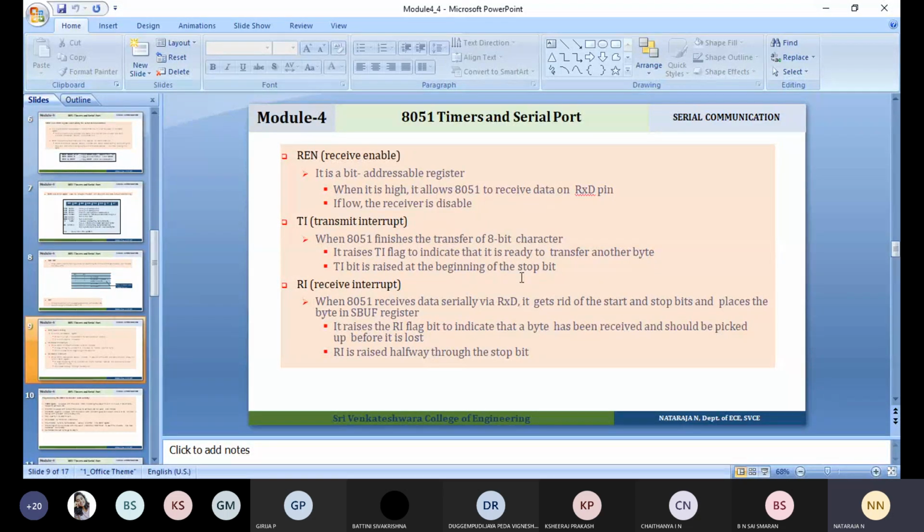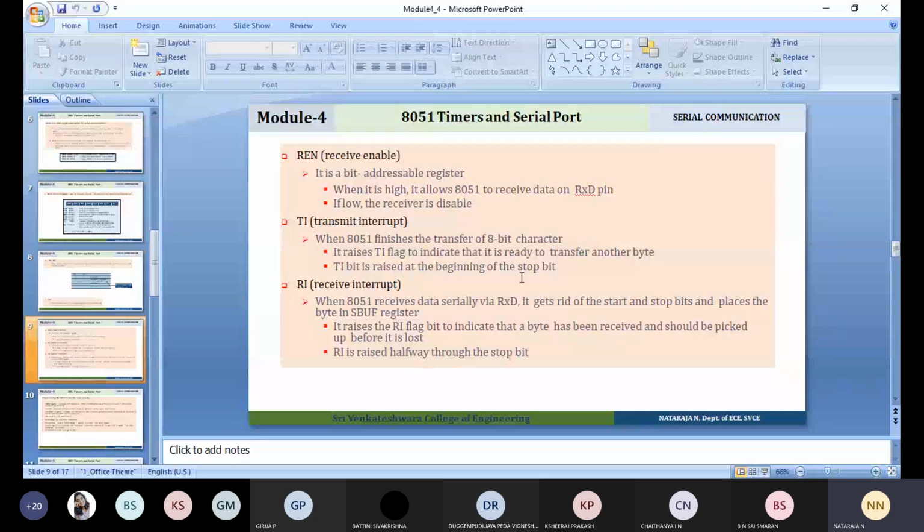Setting REN to 1 or 0 can be achieved by an instruction, like we discussed in the timers, such as setb TMOD. Here also we use setb SCON.4. If I use setb SCON.4, it will receive the data, so that bit will be logic 1.